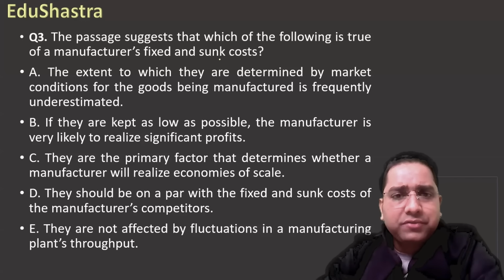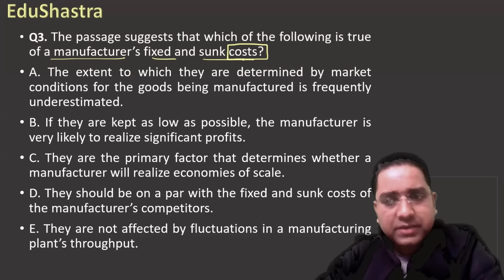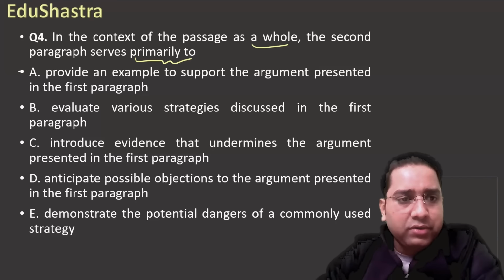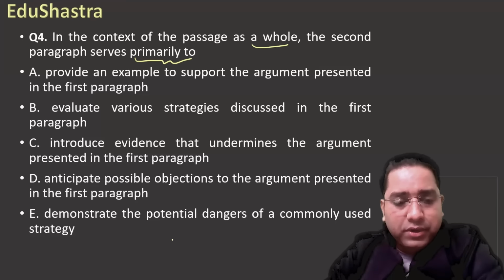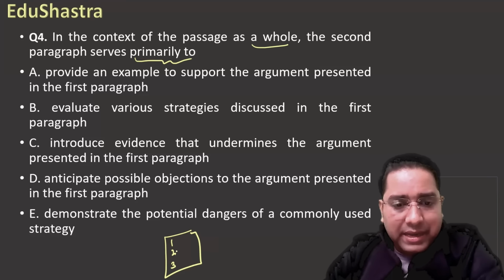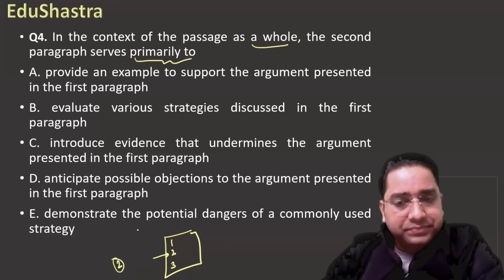The passage says, which of the following is true of a manufacturer's fixed and sunk costs. So here we are talking about operating costs, right? Question number 3, in the context of the passage as a whole, the second paragraph serves primarily to. You have to be very careful when you read the second paragraph, because you have to tell what is the role played by the second paragraph, among the 3 paragraphs.